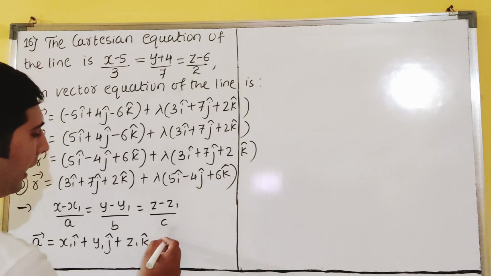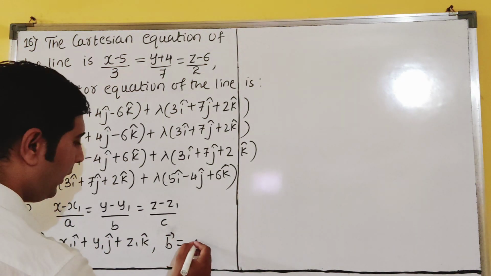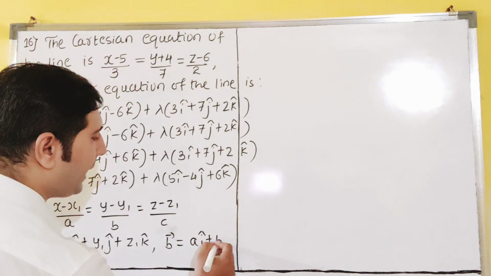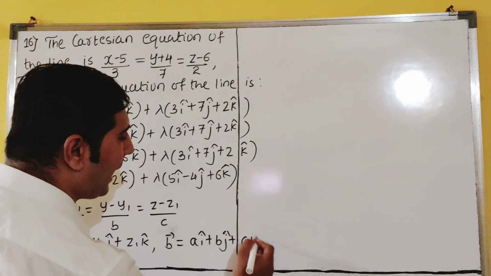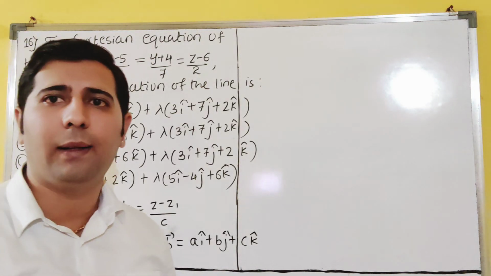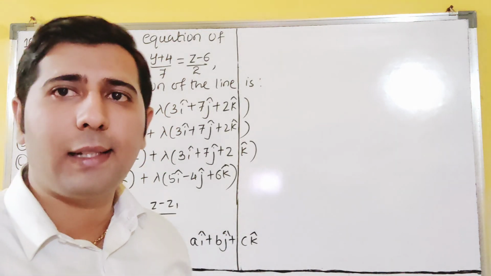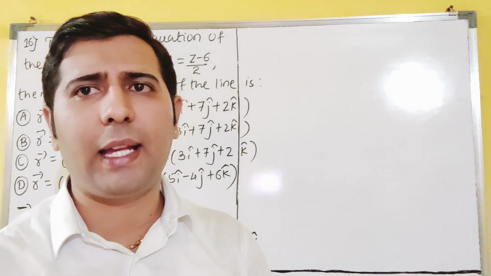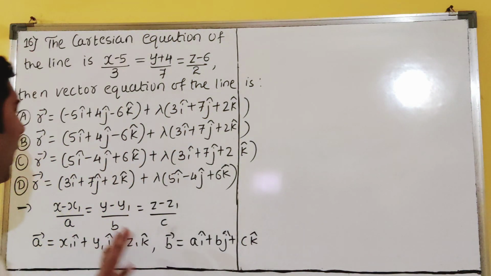And vector b is a i cap plus b j cap plus c k cap. These a, b, c are called the direction ratios of vector b. So this is what we have learnt in the 3D theorem, everyone knows this.